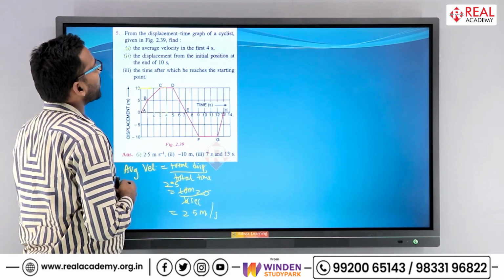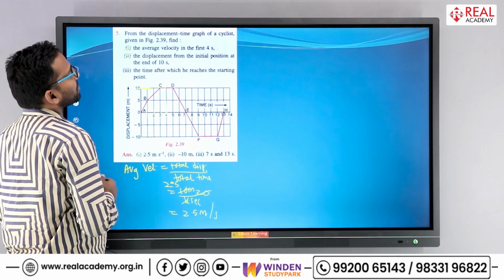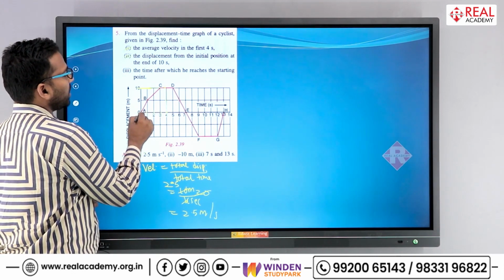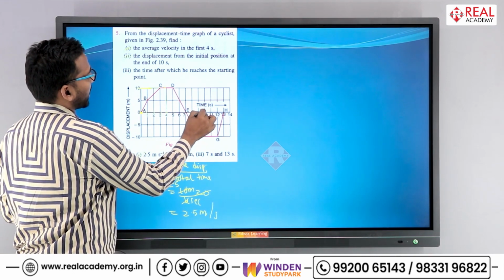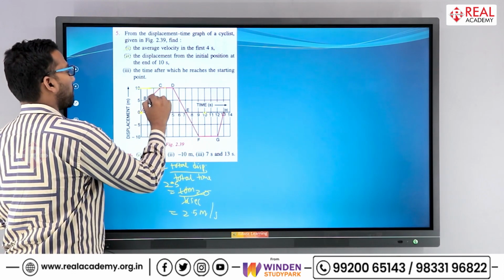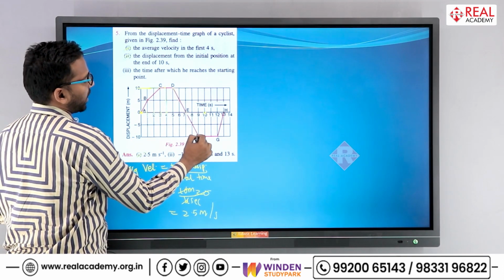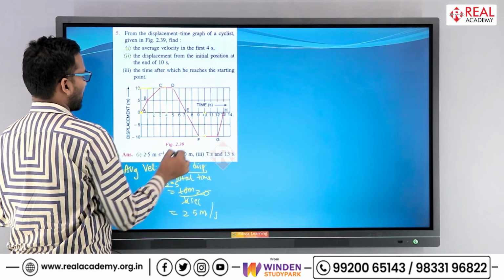Second question. The displacement from the initial position at the end of 10 seconds. From the graph it is clearly understood the displacement is going upward, then constant, then coming downward and then going for negative slope, then getting minus 10.